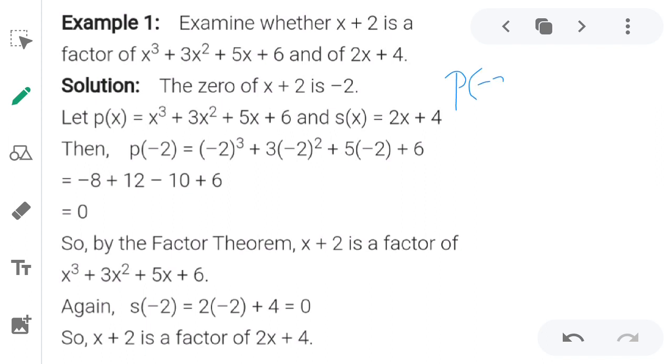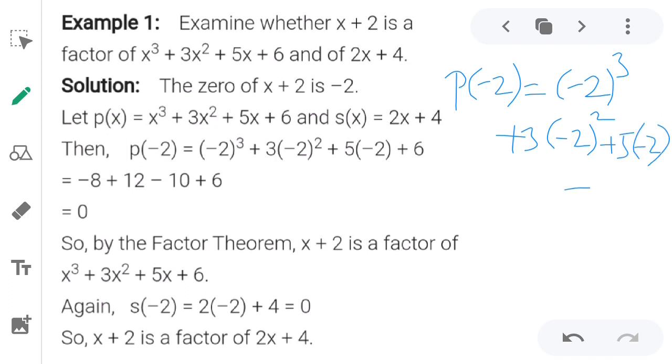p of minus 2 equal to minus 2 cube plus 3 into minus 2 square plus 5 into minus 2 plus 6. I am just replacing minus 2 in place of x in the given polynomial. Okay. Now what answer did we get?